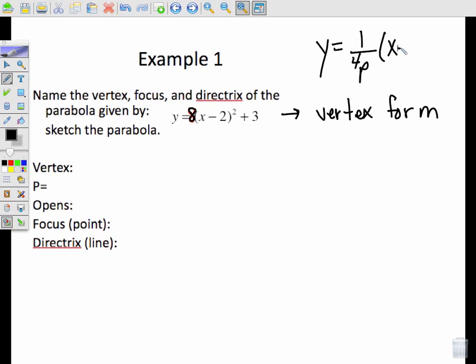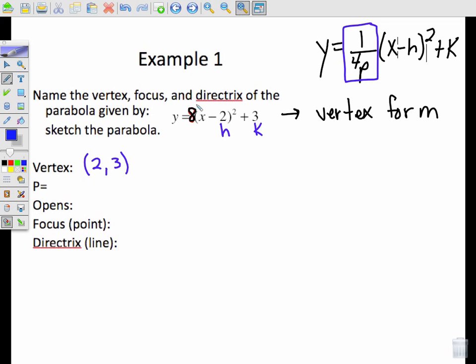Y equals 1 over 4p times x minus h squared plus k. So let's find our vertex. Our vertex is h, k. So here, this is my h value, and this is my k value. The h would always be the opposite of what's shown, so it's 2 and then 3.